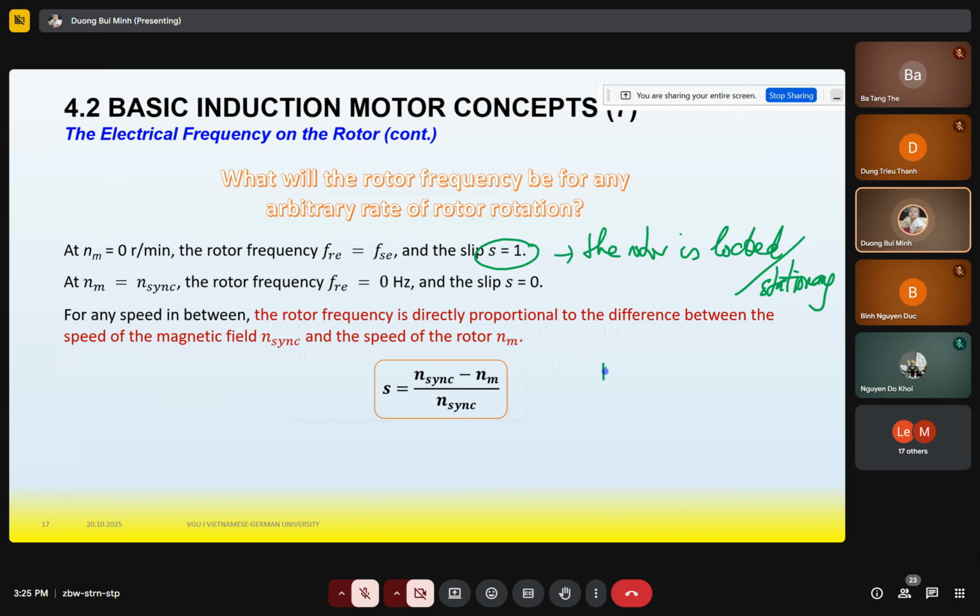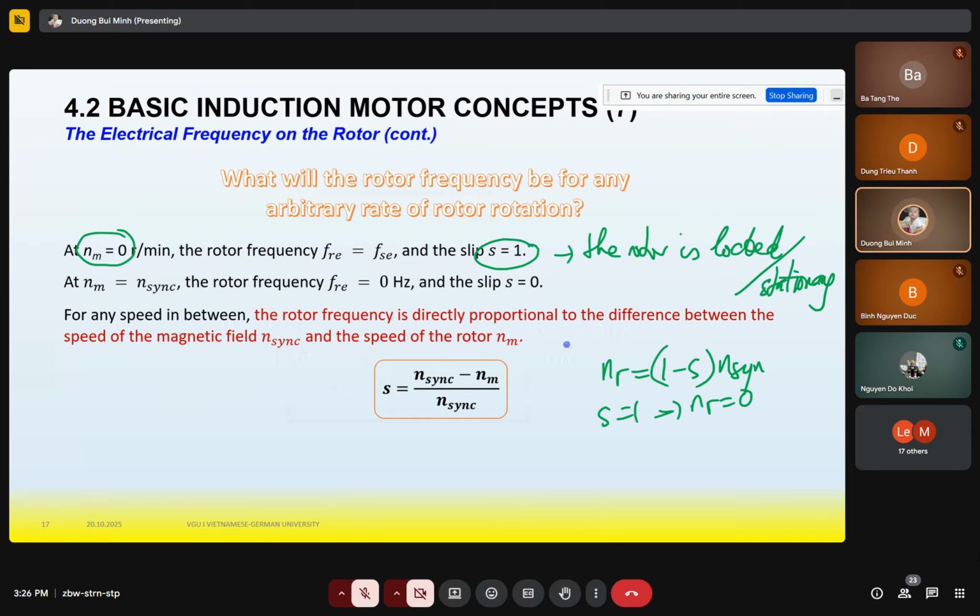We know NR is (1 minus S) times N sync. So S is 1, that means NR is 0.